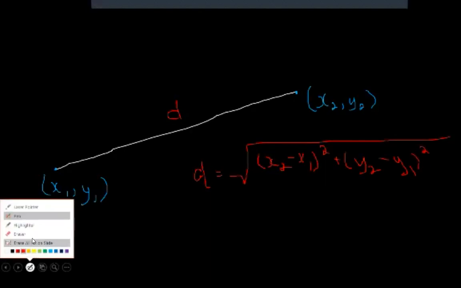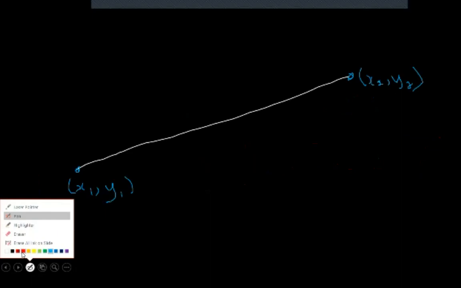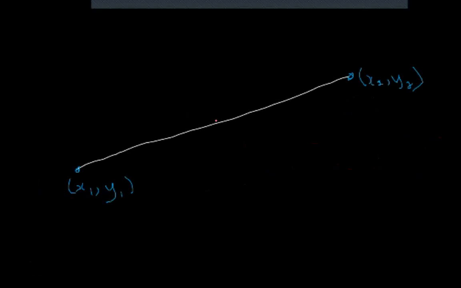Right? And the last one we learned was midpoint. So let me try this line again. Anyways, same line. Add a point, x2, y2. And they want me to find the midpoint. The midpoint would be the point that's at the center of this line.